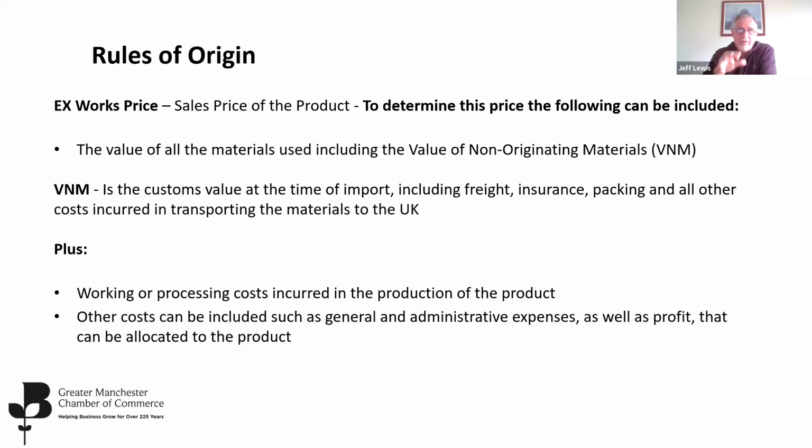So again, that will form part of your calculation. The simplest way to do it is, if you've got a bill of materials, put it on an Excel spreadsheet and work it out. Put all the lines on there, where it comes from, and then you can start looking at whether or not you do meet the specific rule of origin when you can access the rule of origin.